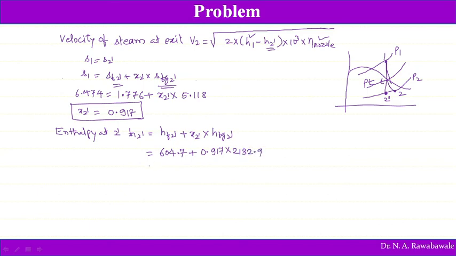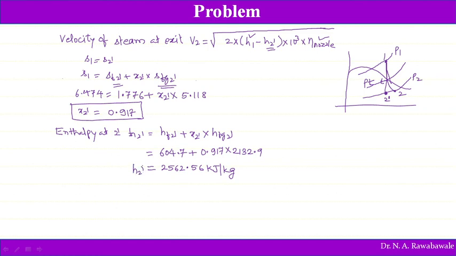So here we get this enthalpy as 2562.56 kilojoules per kg. So this is enthalpy at 2 dash.